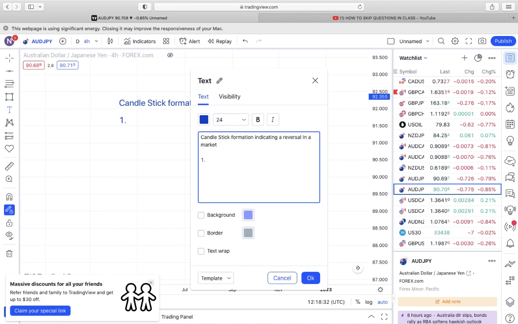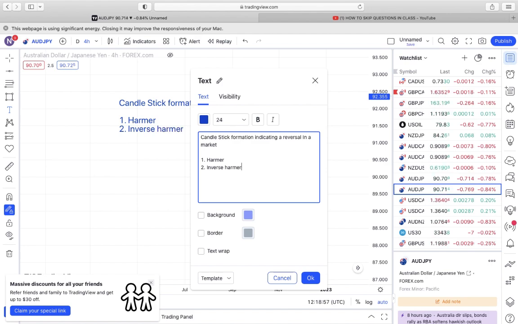The candles which form at a reversal point, you have to know them very well. The first candle we always have is called the hammer. We'll identify them as we talk about the candlestick formation patterns. And we have the inverse hammer.